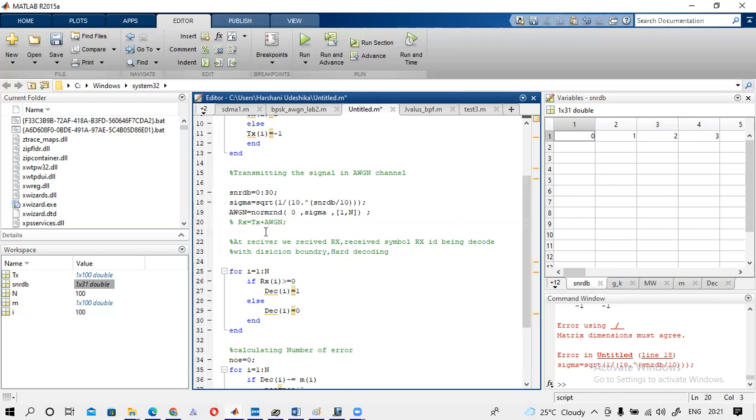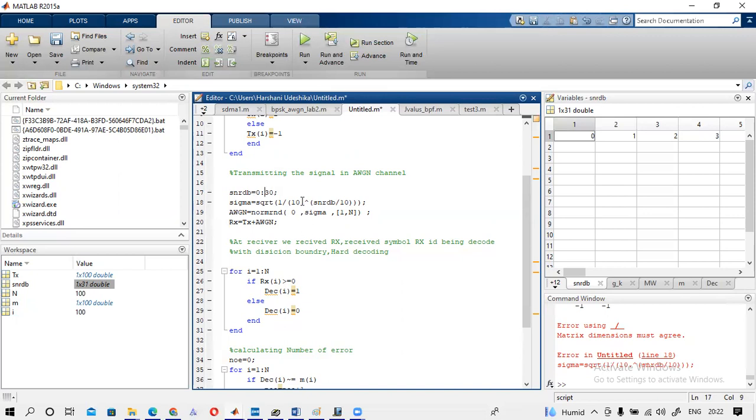Because here we have SNRDB, that array is 31 long, so it will create a sigma array also, which will be 0 to 30. So 30 sigma values are there, and we can't put these 30 values at the same time. So I think that is the problem.